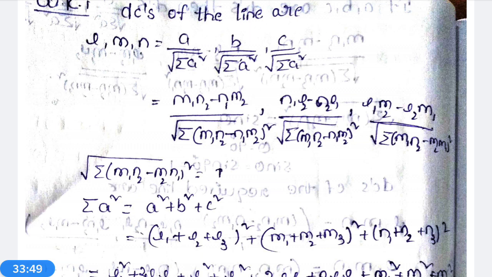What is a? l1 plus l2 plus l3. What is b? m1 plus m2 plus m3. What is c? n1 plus n2 plus n3. So, on simplification, sigma a square is equal to 1 plus 1 plus 1, which is 3.